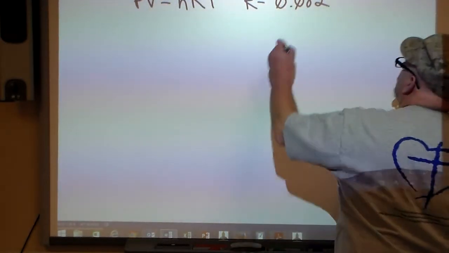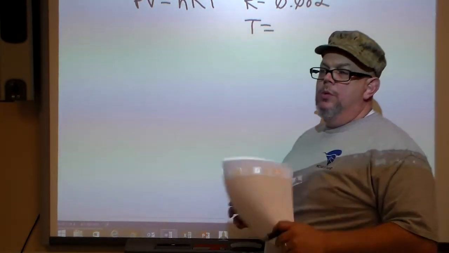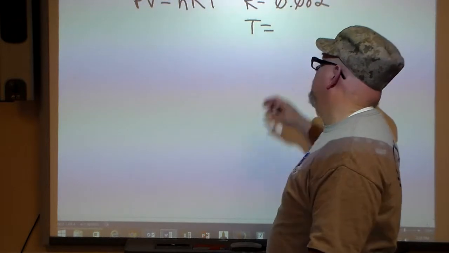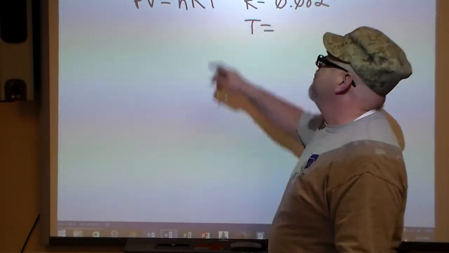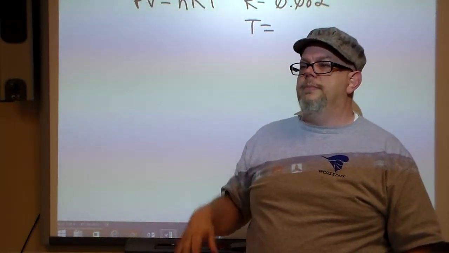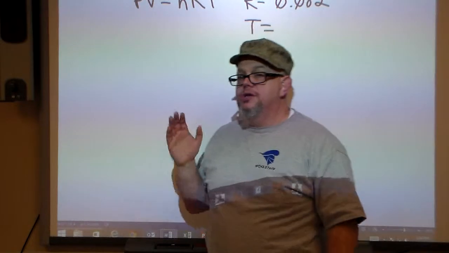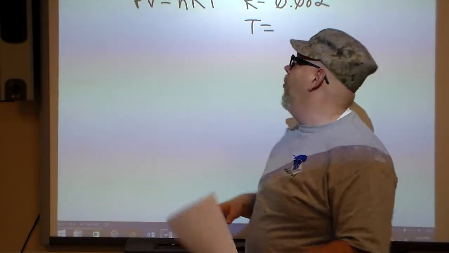Now, the temperature, well, the temperature has to be in Kelvin. Okay, that would be kind of important because if you look at R, the units of R, it is in Kelvin. So that means we have to change the 25 degrees Celsius into Kelvin. And the easiest way to change Celsius into Kelvin is go ahead and add 273.15.